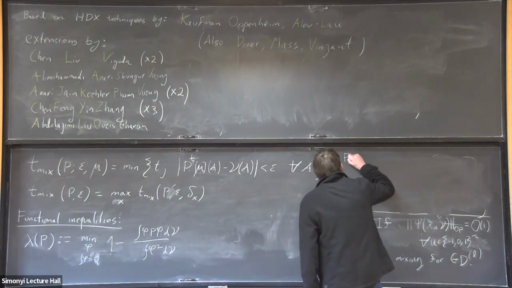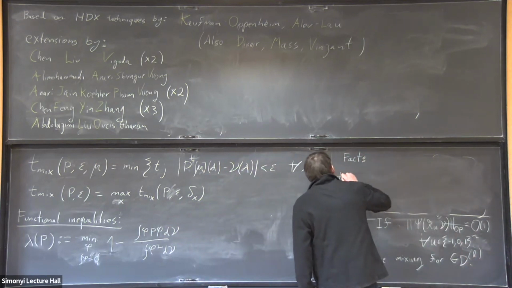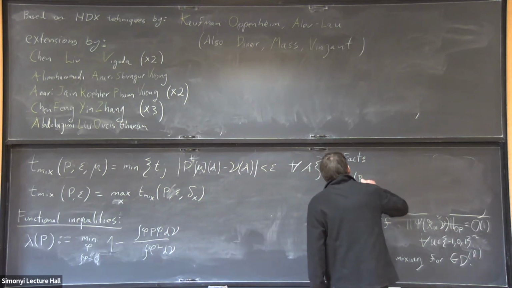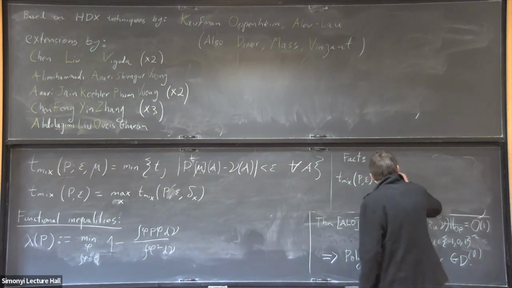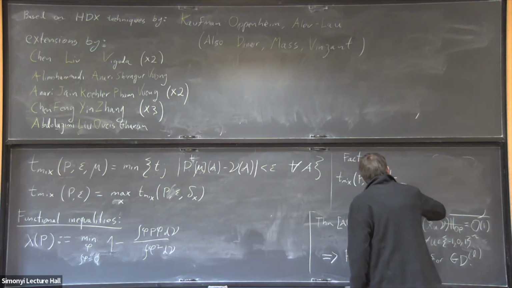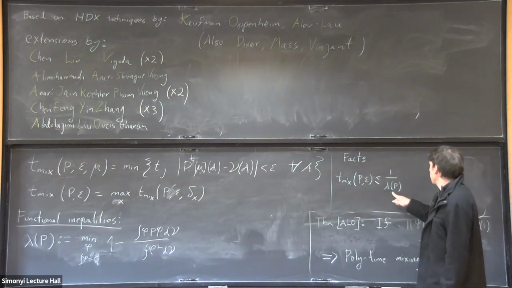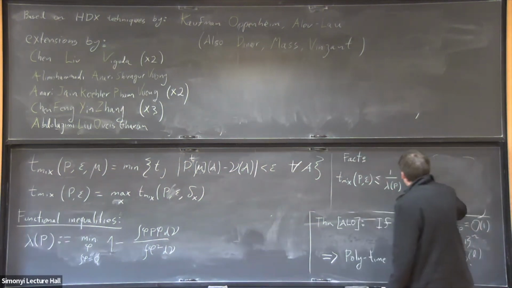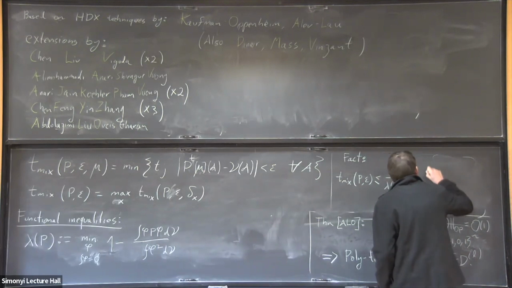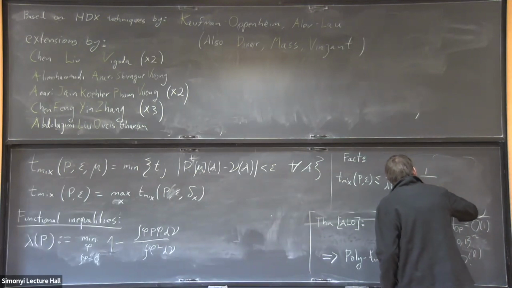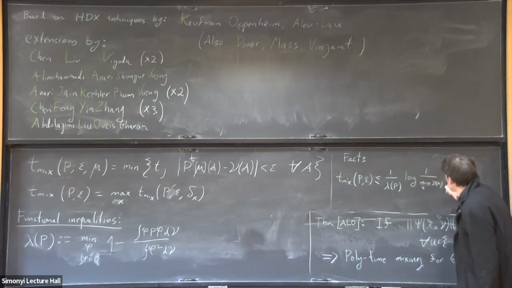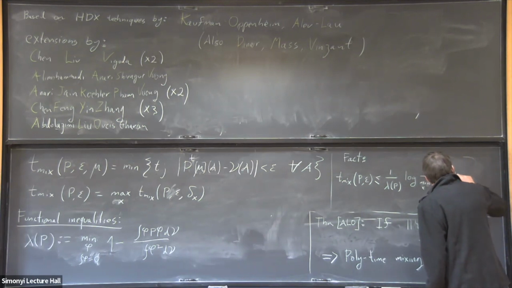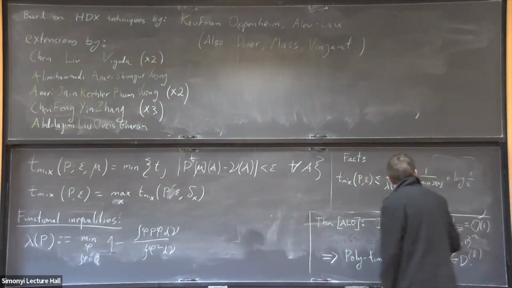But there is a fact saying that T-mix of P and epsilon is at most, as Avi said, 1 over lambda of P. So if this is big, then T-mix is small, times log of 1 over the minimum over points x of the measure of the point x, plus log 1 over epsilon or something like that.